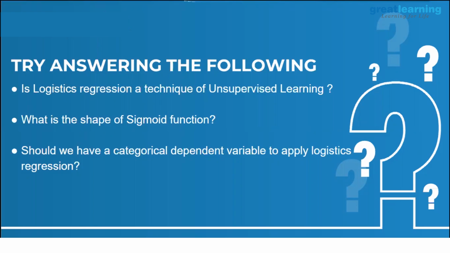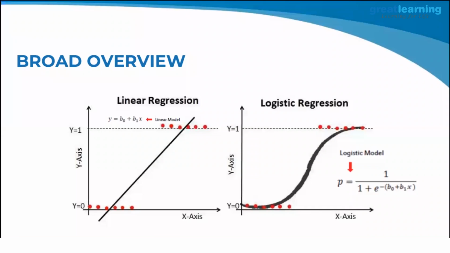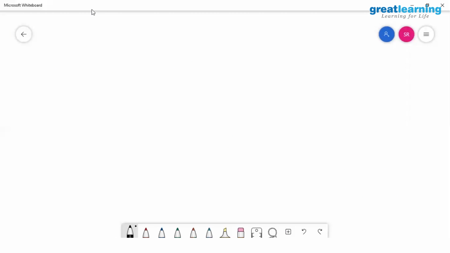Should we have a categorical dependent variable to apply logistic regression? Yes. The dependent variable should be either an ordinal or a nominal variable. So this is the linear regression and this is the logistic regression curve. What happens in linear regression? We have a linear line, something like this.